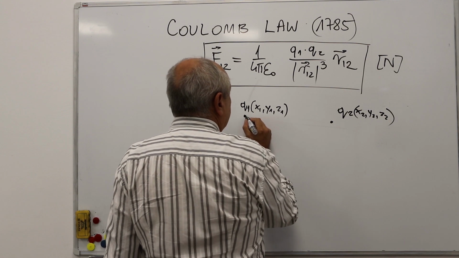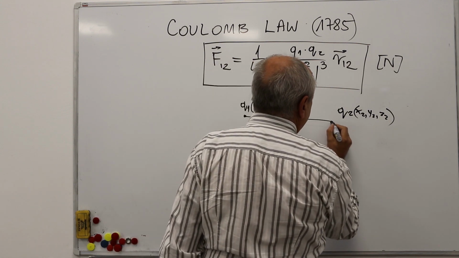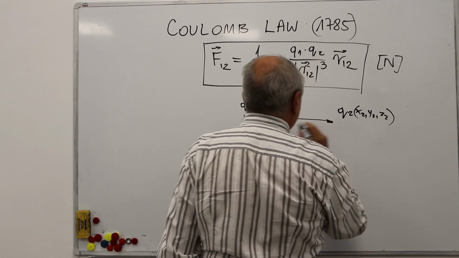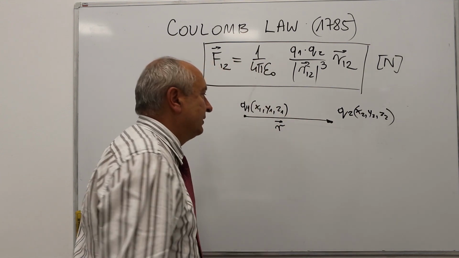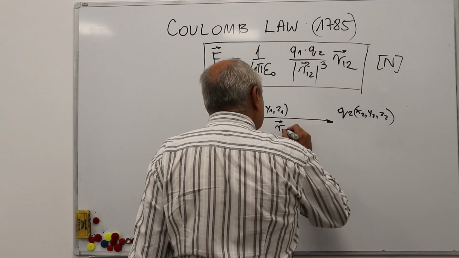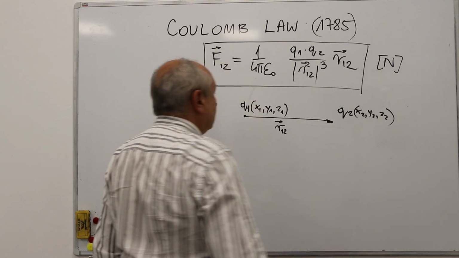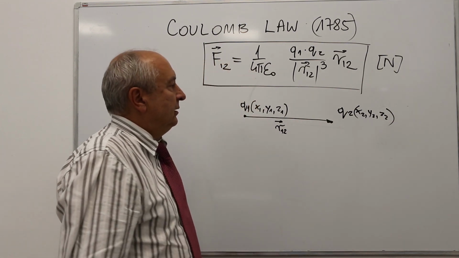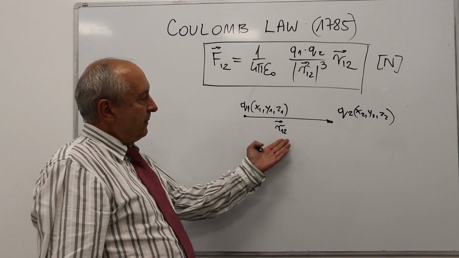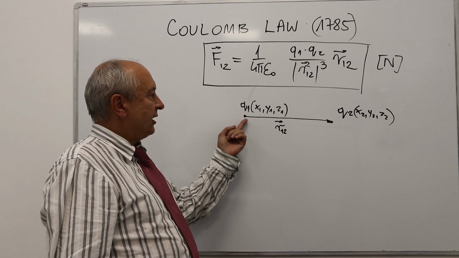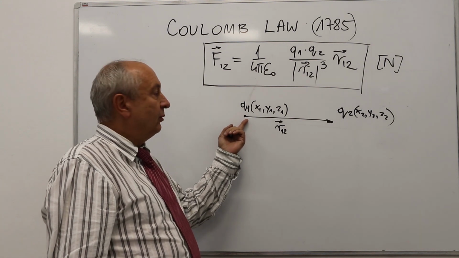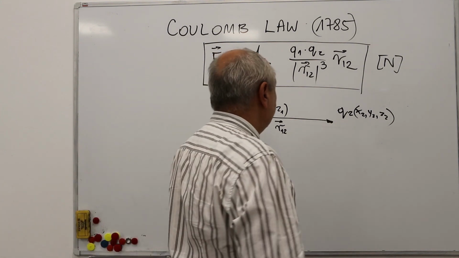We connect these two charges with vector R. This vector is very important. Vector R1,2 connects the charge Q1 with charge Q2.